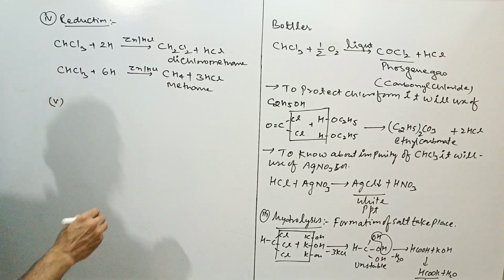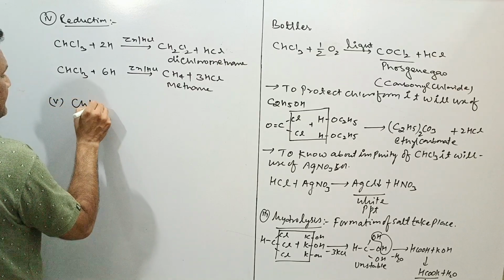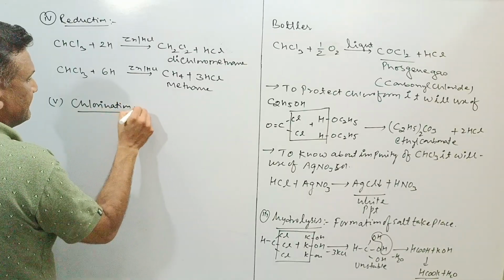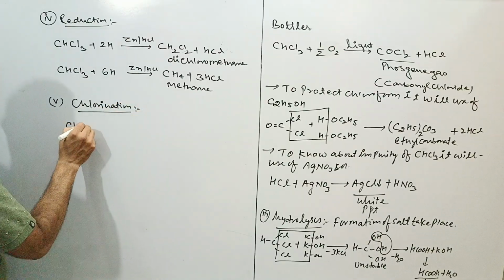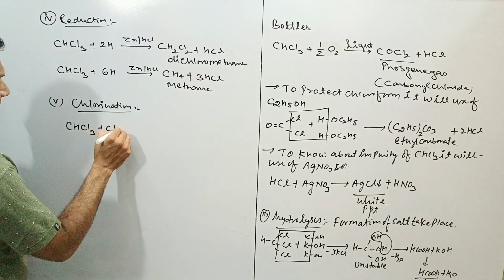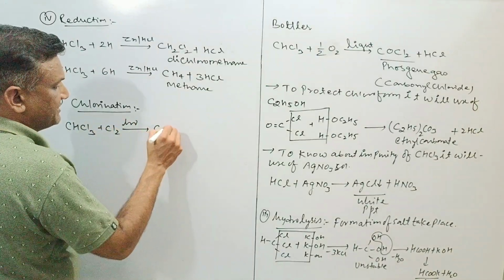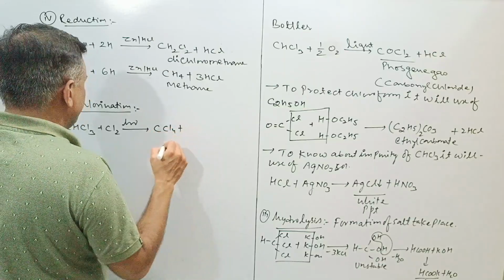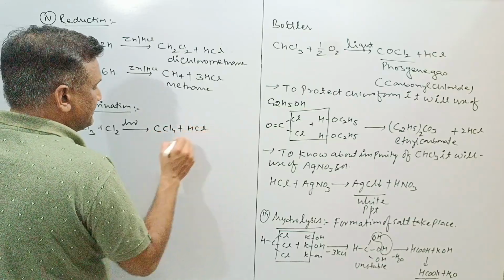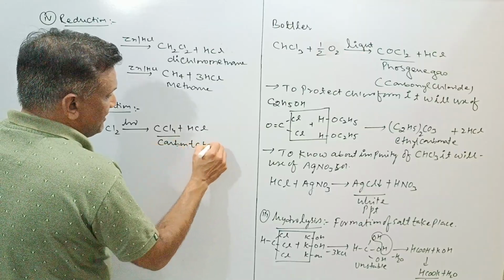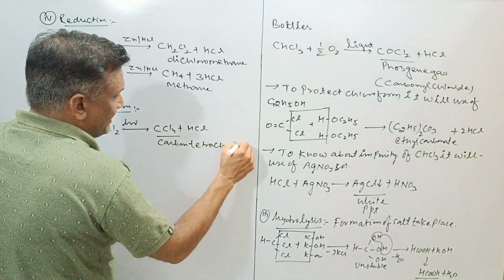Fifth property is your chlorination. If there is halogenation of chloroform in the presence of hv, then here will be formation of CCl4 plus HCl. This is called carbon tetrachloride.